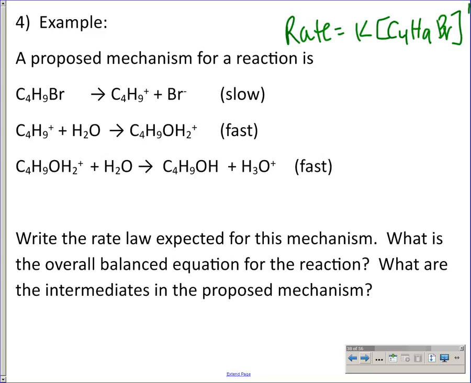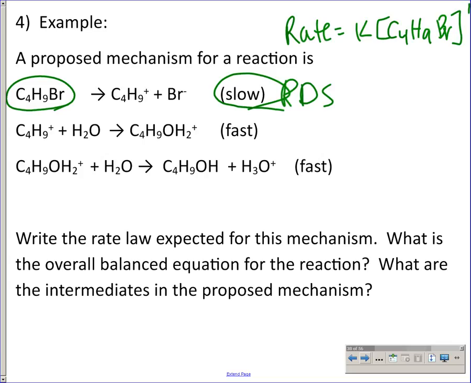The rate determining step is the slow step. So all we do is choose the reactants present, put them in a rate law, and we're done. If we had a coefficient of 2, it'd be to the second. What does RDS stand for? Rate determining step. It's an elementary step.